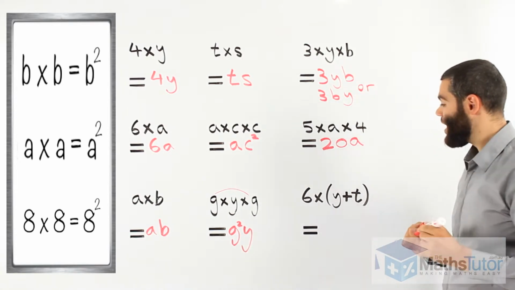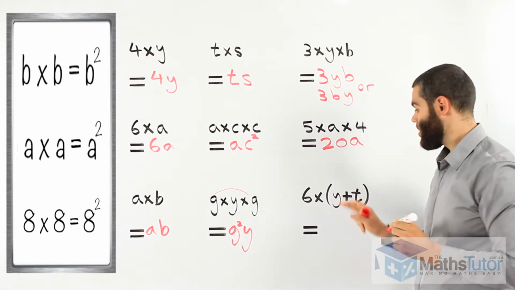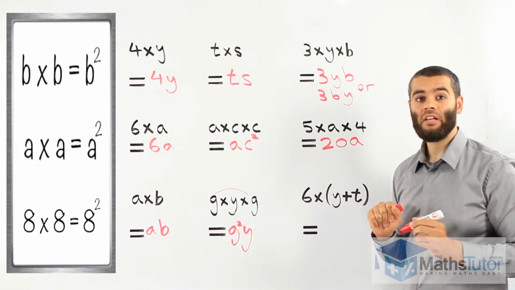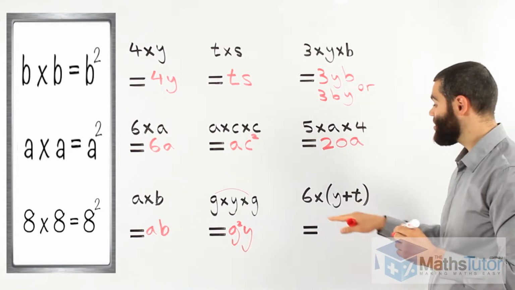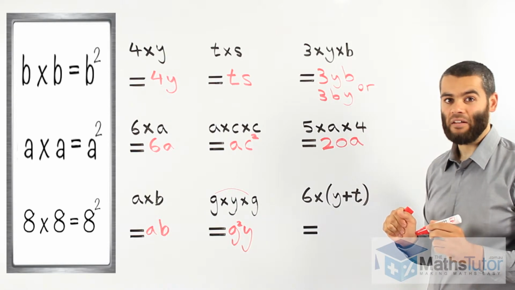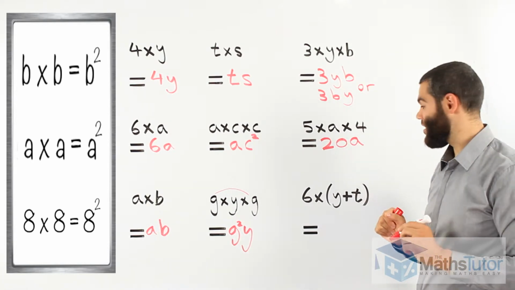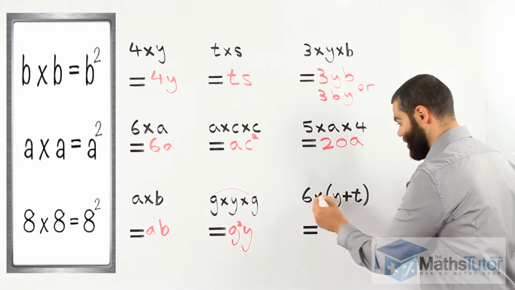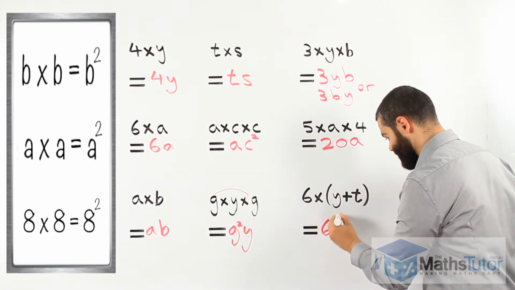Here we have 6 times brackets Y plus T, close the brackets. So basically this question is saying that 6 is multiplied by everything inside the brackets. All we need to do is simply get rid of the multiplication sign.